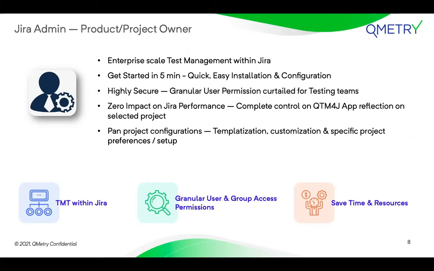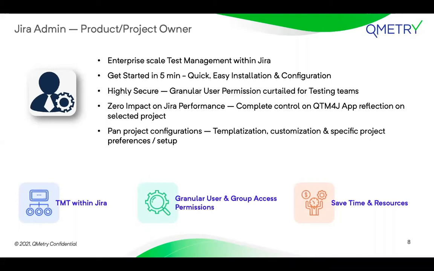Though it's a test management solution that brings such huge value, it is very simple to install. Just like any other app, you go to find apps, you install it, and then comes the part that brings in configurability, security, and no performance impact on Jira. When we go to the demonstration, I'll also quickly highlight how quick and easy it is to install and configure QMetry.